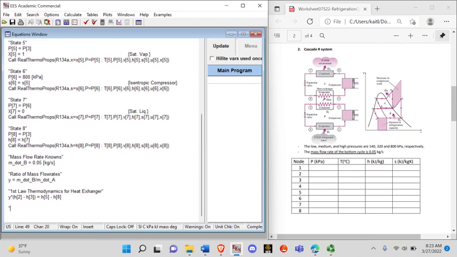So we can do energy values. And we know for a heat exchanger, power is the work output of the system minus the work done to the system.